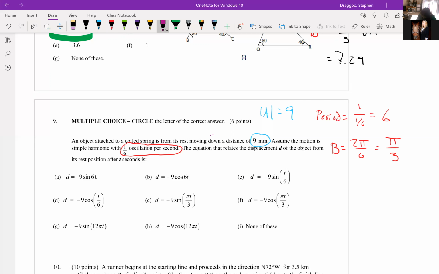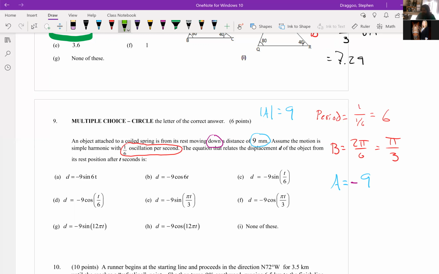Come highlight the fact that this thing says it's moving down first. Means that A is going to be negative 9. And then we've got A and B.